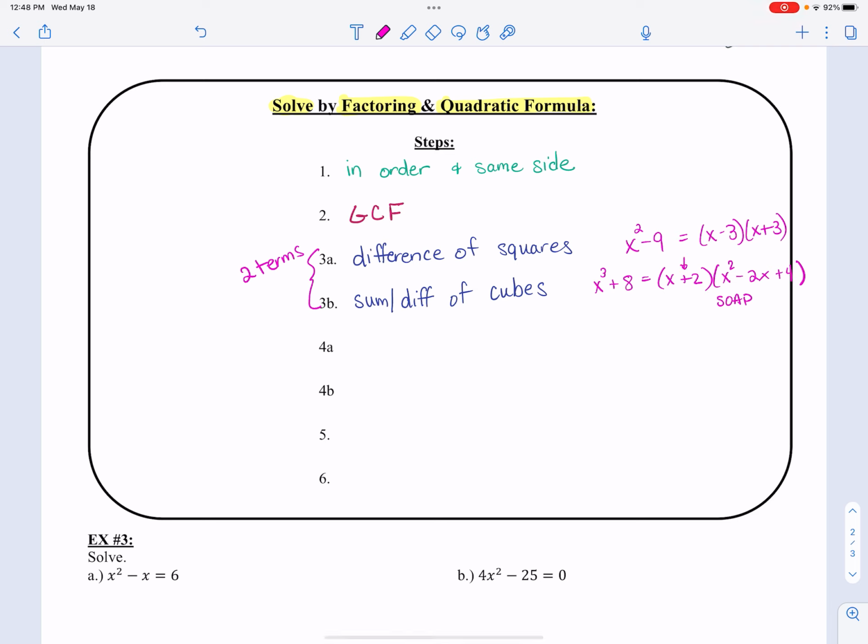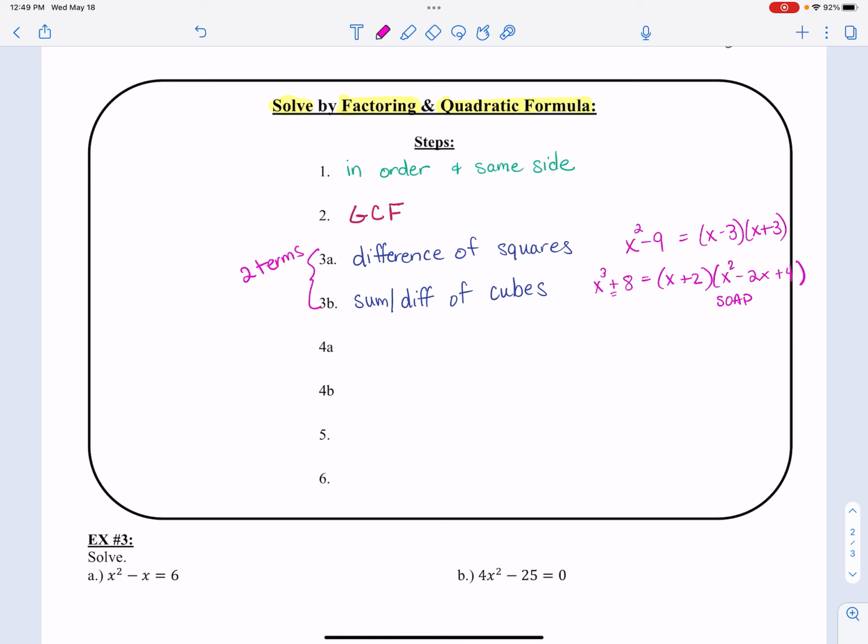So the first sign is the same as the original. The second one is the opposite of the original. And then the last sign is always positive, just as a quick reminder of how difference and sum of cubes works.